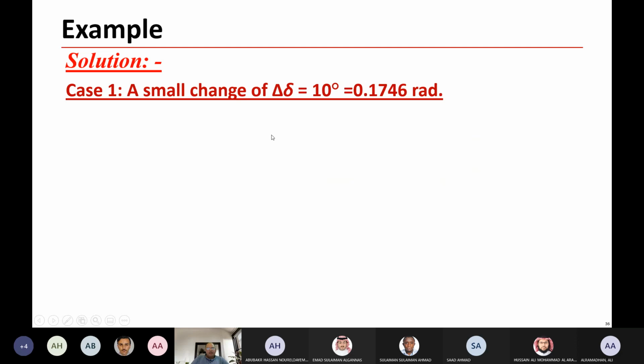Right, now if we have delta delta, a steady change in the state, 10 degrees, which is equal to 0.1746.